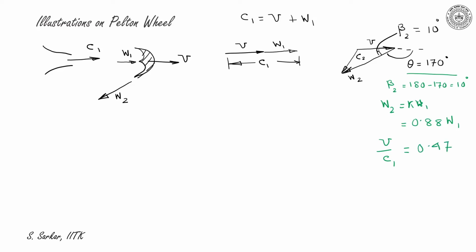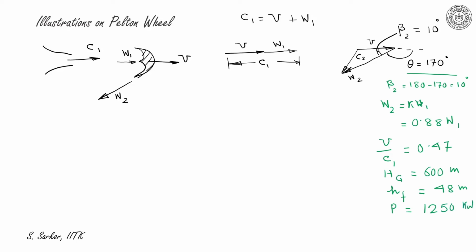Gross head HG is stated as 600 meters. Am I right? Head loss HF is 48 meters. Power produced P is 1250 kilowatt.